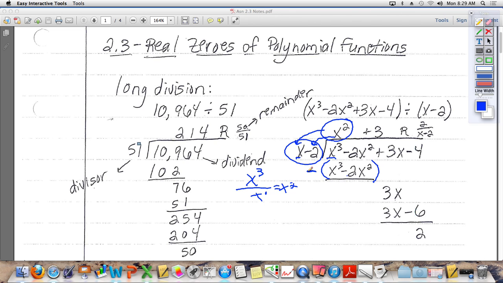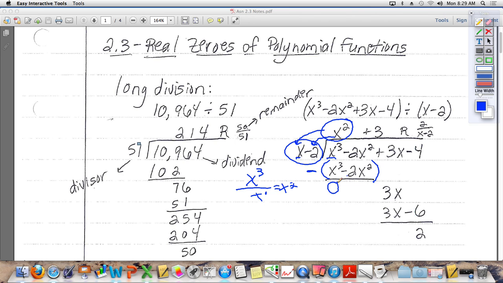So what is x cubed minus x cubed? 0. Now we have a -2x squared, and remember we are going to subtract a -2x squared. Well, when you subtract a negative, what are you actually doing? You're actually adding. So we really have a -2x squared plus a 2x squared.